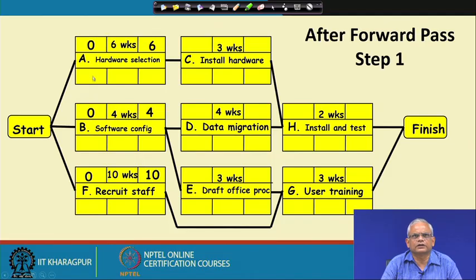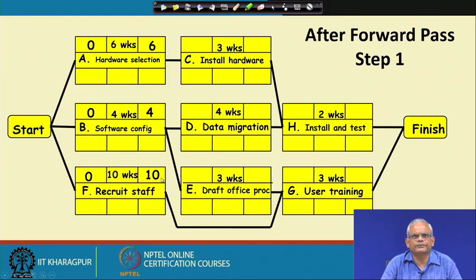So, that we have done here, that for all these 3 tasks A, B and F, in the forward pass we take the completion time of this, which is 0, 0, 0, and add the duration here, 6, 4 and 10, very simple arithmetic.